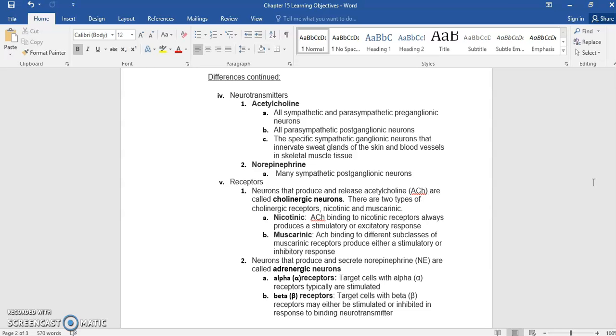We do have acetylcholine as a neurotransmitter of some of these autonomic motor neurons, but we have another neurotransmitter too that we need to be familiar with. The two neurotransmitters that you'll find communicating at chemical synapses between the neurons are acetylcholine, and then the other one is called norepinephrine. Sometimes it's abbreviated NE as well.